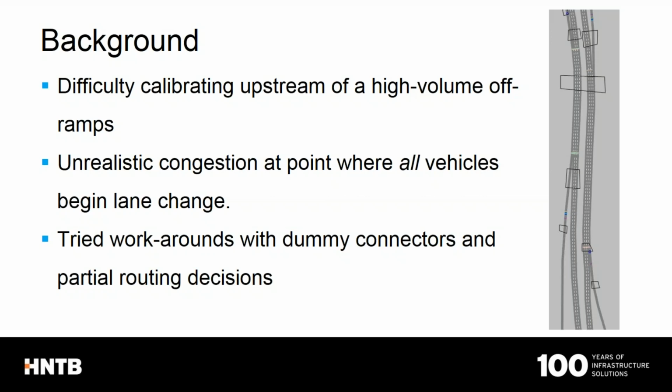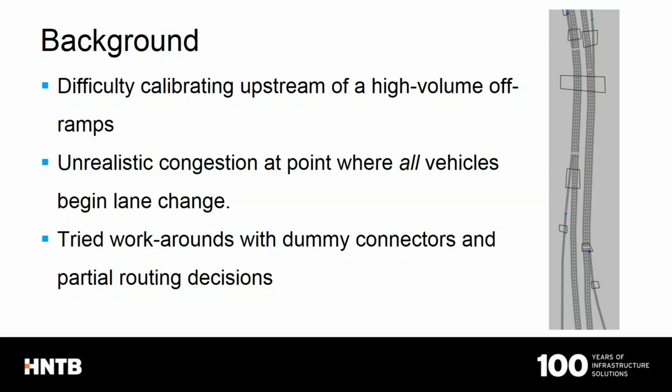And what I've found is in some cases at that point, 656 feet upstream or whatever I've changed it to, I would see a lot of congestion in the Vissim model, which is not necessarily representative of what's going on out in the field.